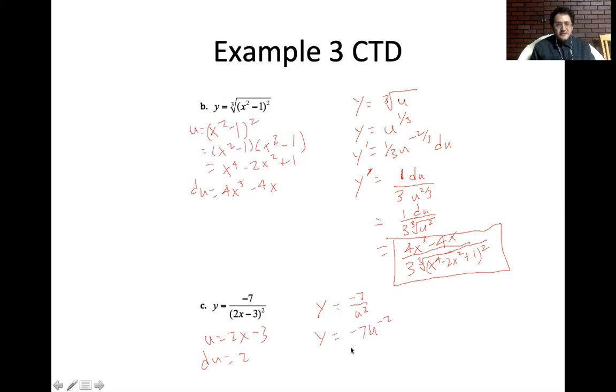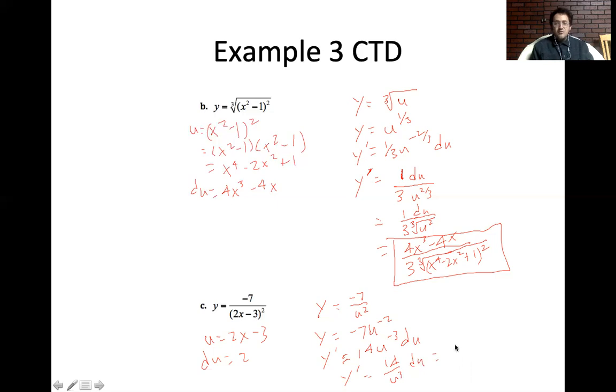When I take the derivative, I get 14 u to the negative 3rd du. I'm going to write this as 14 over u cubed du.